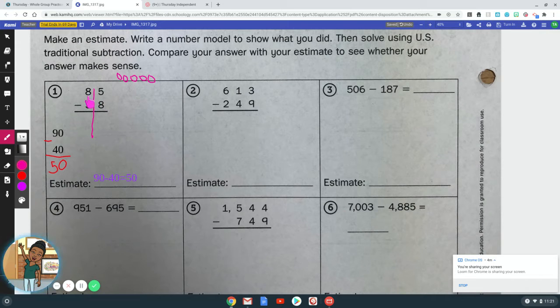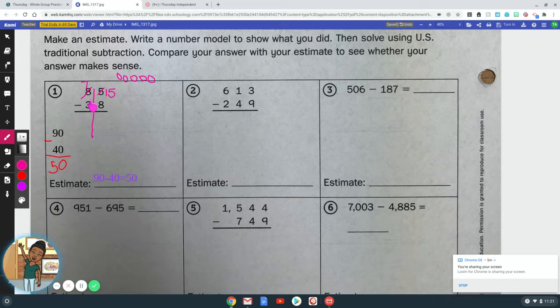I'm going to regroup from my tens column. So I'm going to take a set of 10s. Instead of 8, now I have 7. Where am I going to put those 10s? With my ones column. So now I have 15. I got 10 ones from my tens column. That's how I have 15.